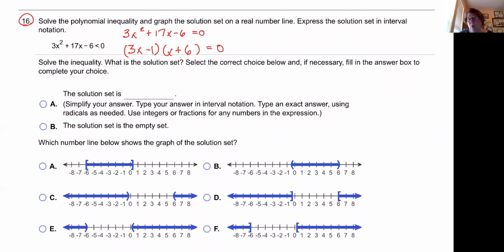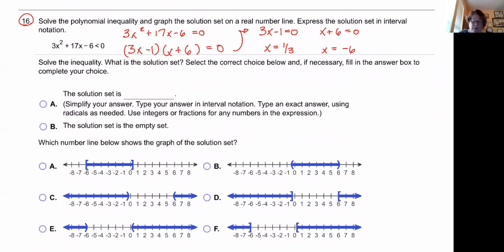So what are my 2 points that separate my number line into intervals? Well, I need to set each one of these factors equal to 0. All right, when I add 1 and divide by 3, I get x is 1/3. And when I subtract 6, I get x is negative 6.